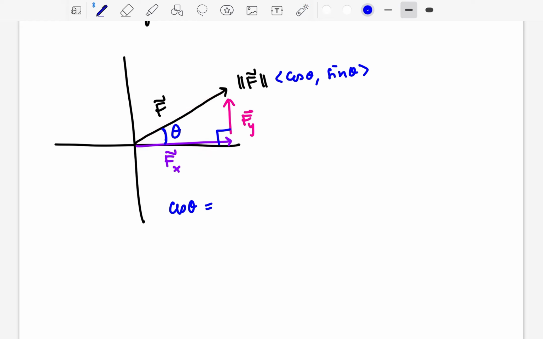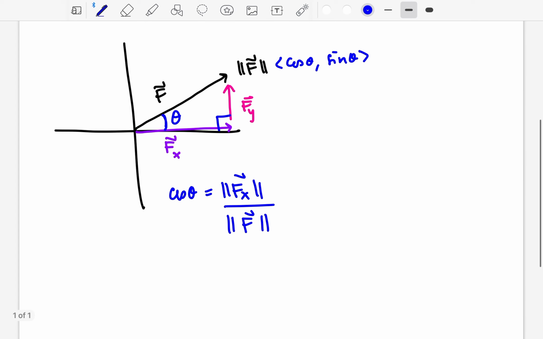So this is the length of the adjacent side divided by the length of the hypotenuse, which is just the magnitude of the vector F. From here, we see that the magnitude of the x component, the horizontal component, is just the magnitude of F times cosine theta, okay?